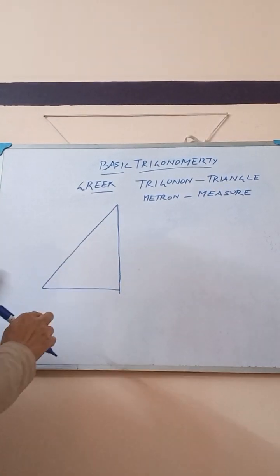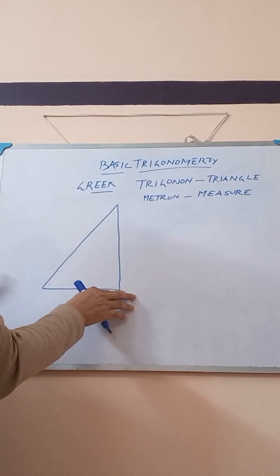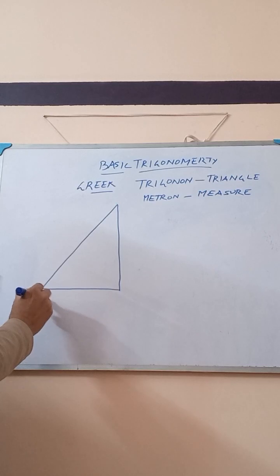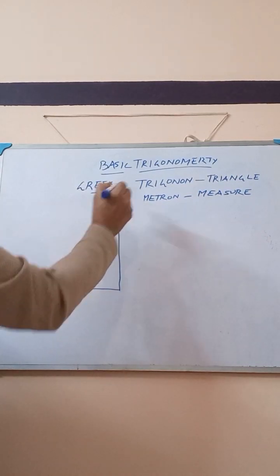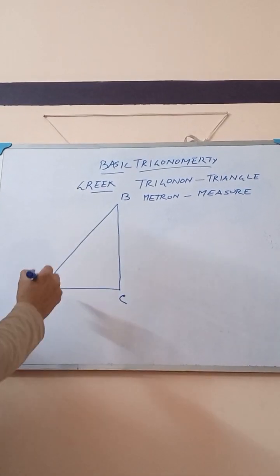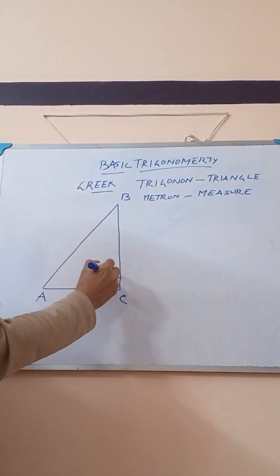Okay, so this is a right angle triangle. This is point A, this is point B, and this is point C. Now, this is 90 degree.